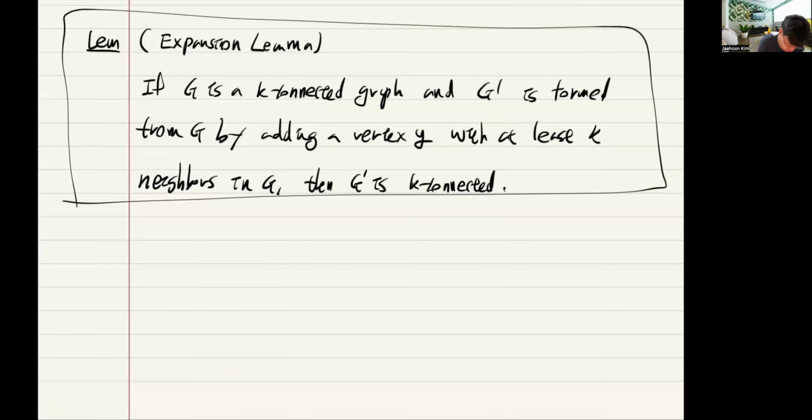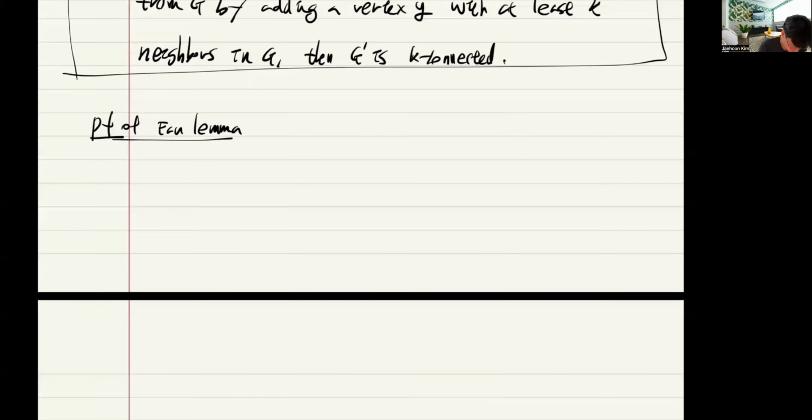Then we use this to prove the lemma. Let's use this direction.